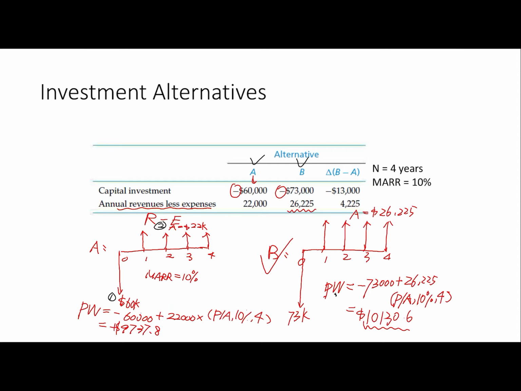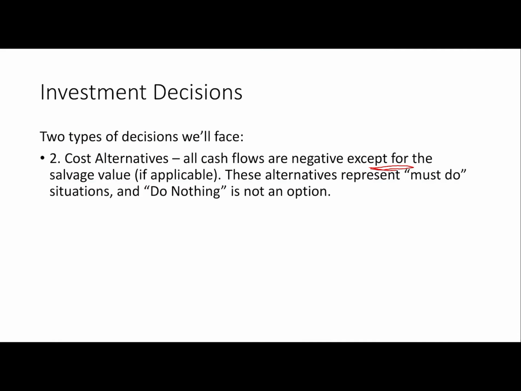So if they all give you positive results, you want to select the greatest one. That's your best solution. And we also talked about the cost alternatives, where you have no revenue for selecting that alternative. All you have is the capital investment and then the maintenance fee, the expenditure for operation.